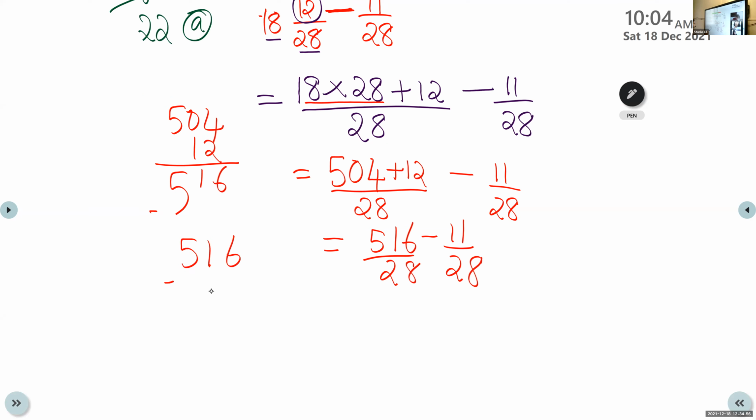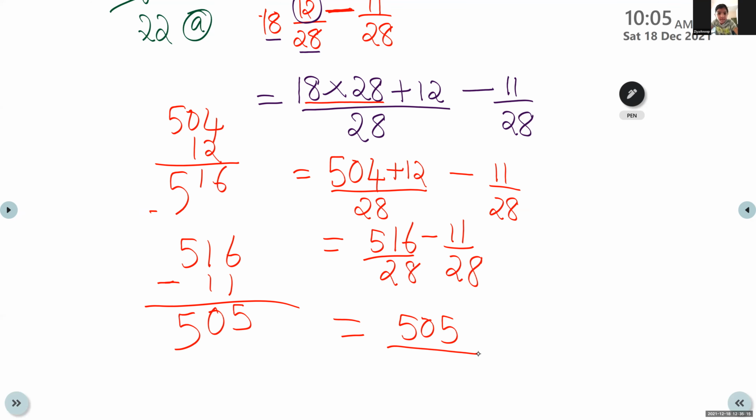What is 6 minus 1? Ma'am, 5. 1 minus 1? 0. So the answer is what? 505. Yes, 505. What will be the denominator? 1. Where is 1 here? Look at the denominator here. What is the denominator? 28. Who got 1?